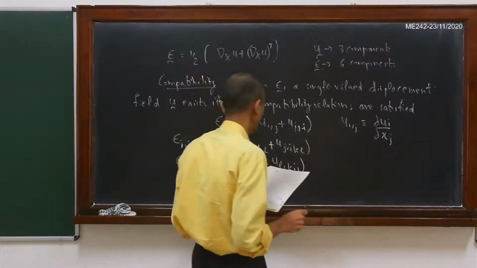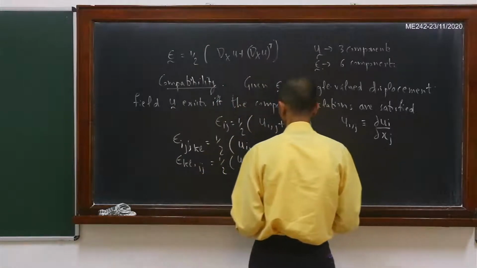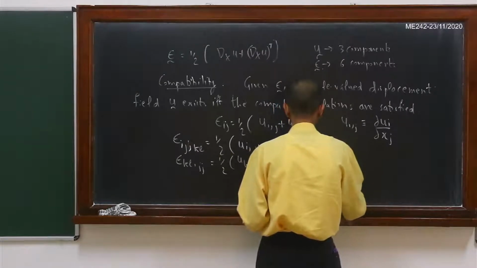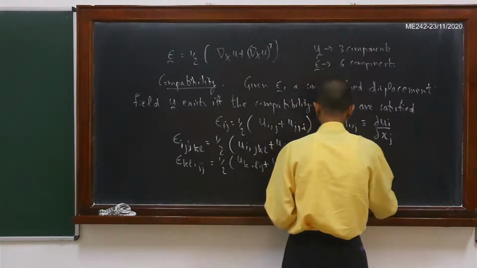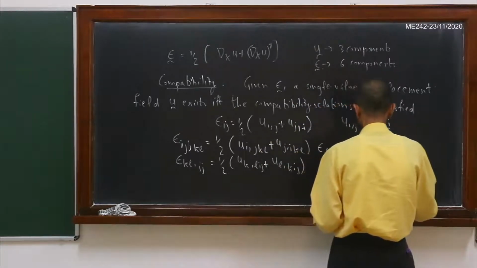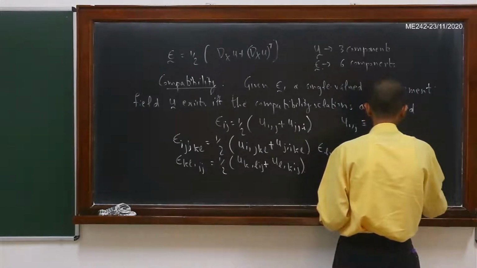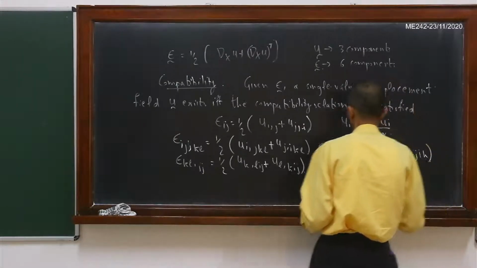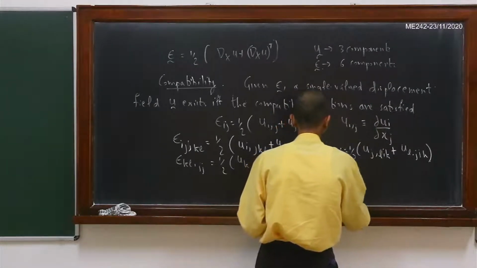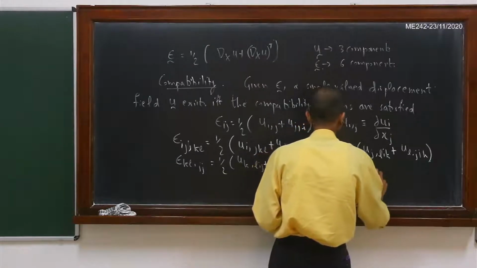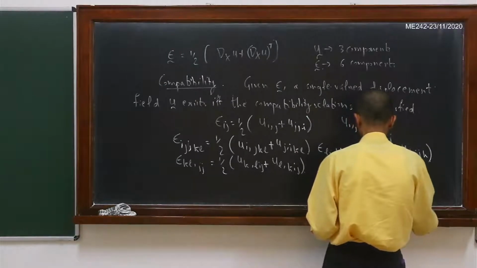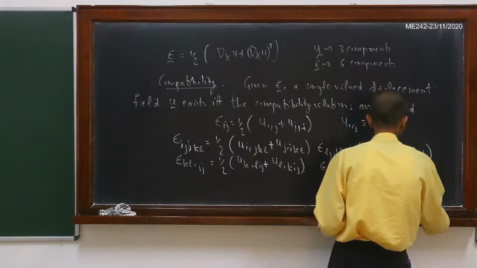And similarly, I can write the expressions for the other two: epsilon lj comma ki is equal to half of u j comma l i k plus u l comma j i k, and epsilon ki comma lj is equal to half of u k comma i j l plus u i comma k j l.